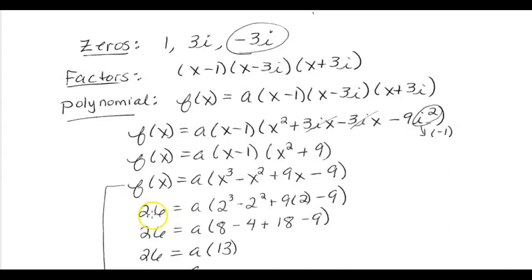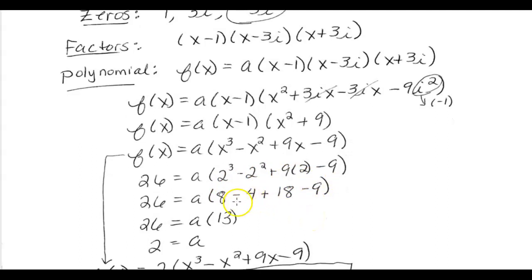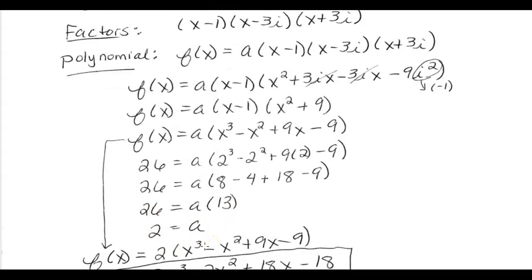So I'm going to plug in 26 over here and a 2 for all the x's, and then I'm going to solve for a. So 2 to the third is 8, minus 2 squared is 4, plus 9 times 2 is 18, minus 9. 8 minus 4 plus 18 minus 9, all that cleans up to be 13. And then I can divide both sides by 13 and get a value to be 2.